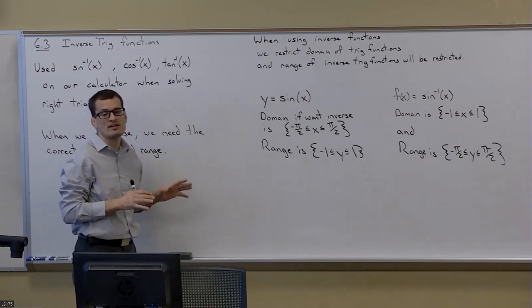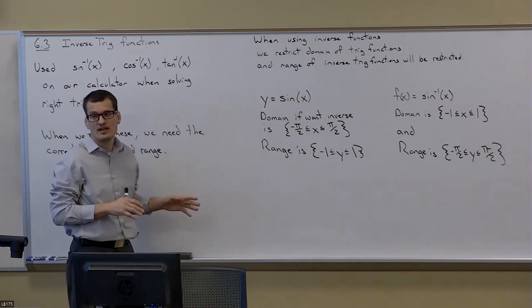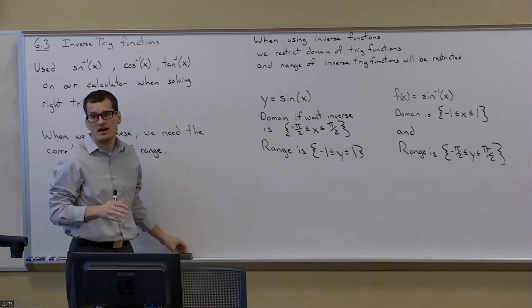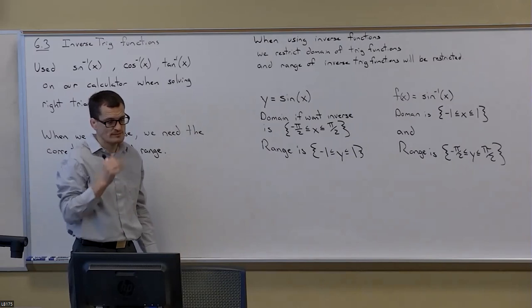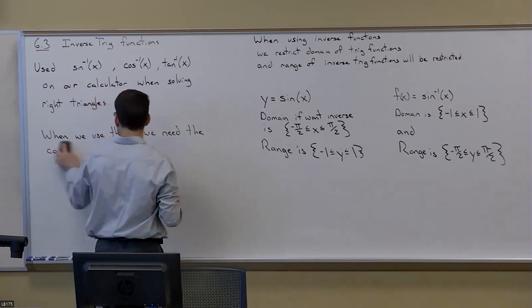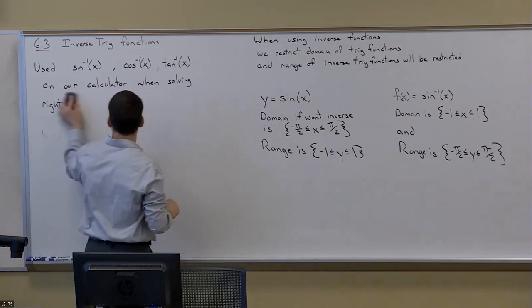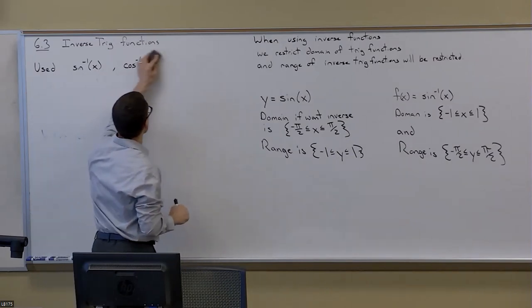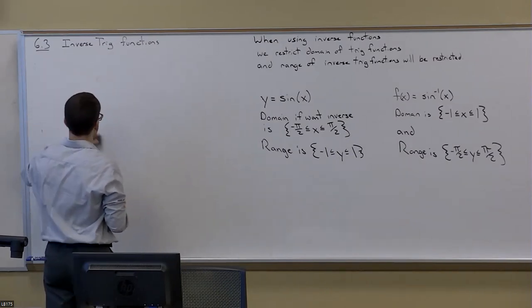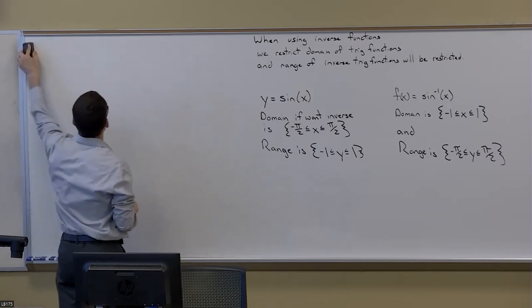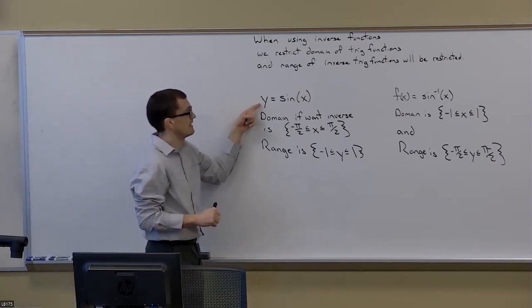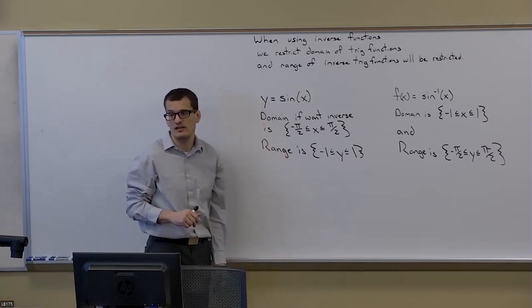So if we want to have an inverse exist, this is kind of how we have to treat it. And the reason we had to do that was so that our sine function was 1-to-1.